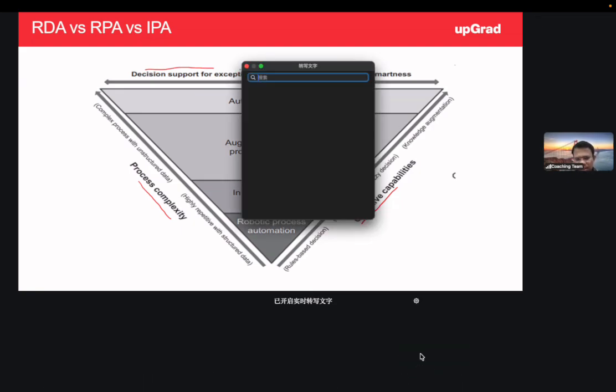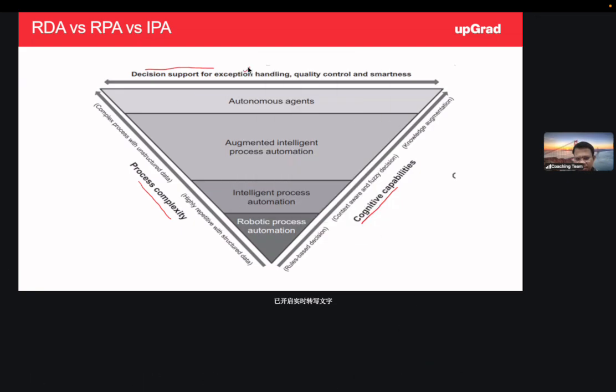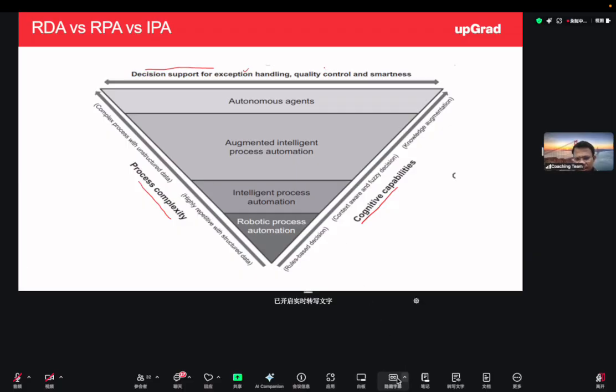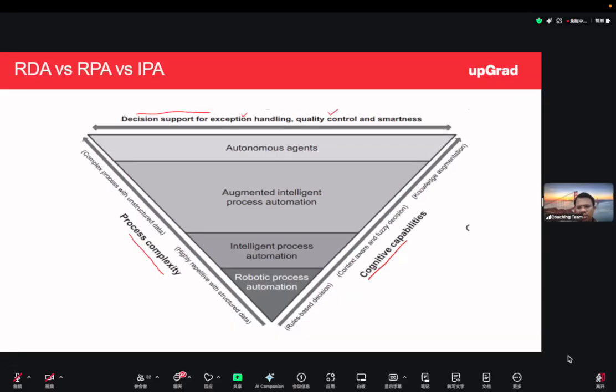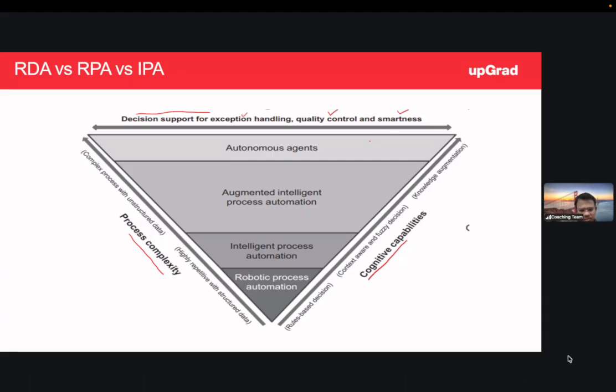Decision in normal cases, decision in cases of exception handling, quality control, and smart automation. So these three verticals we will choose and then decide whether we go for RPA, IPA, augmented intelligent process automation, or do we need to go for autonomous agents?